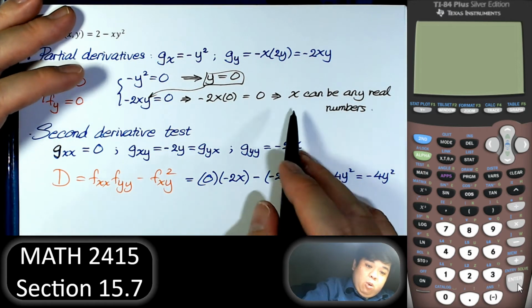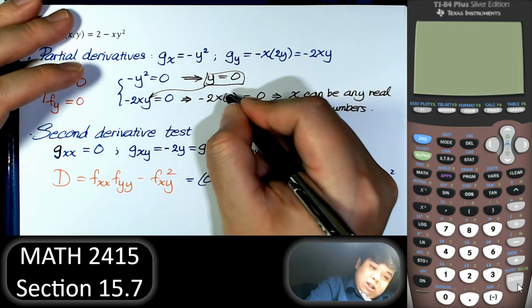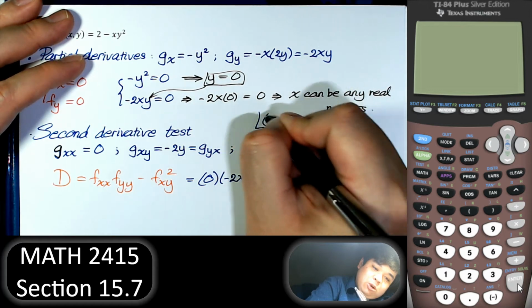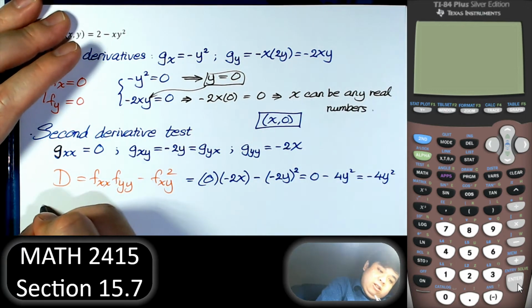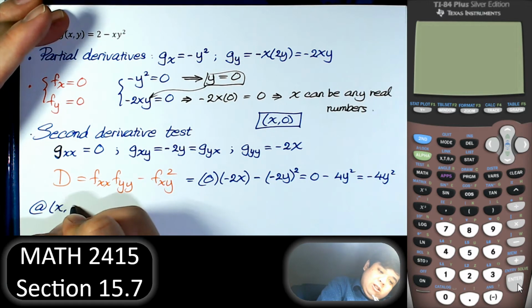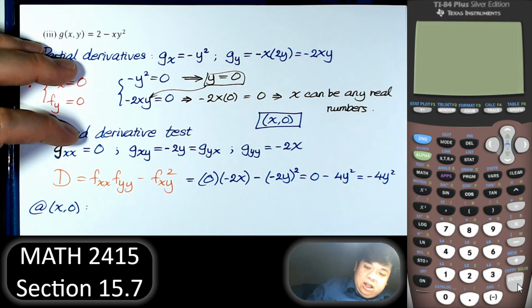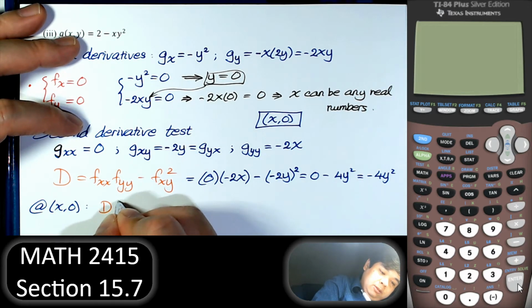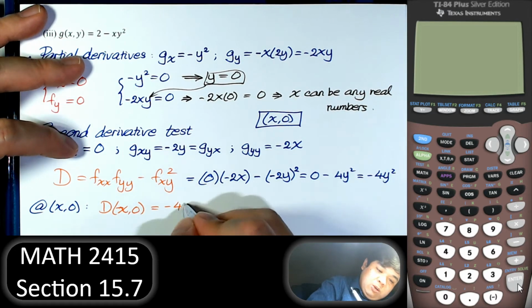Now we have the point. By the way, we haven't written the point yet. On the critical point, x can be anything but y is equal to 0. So those are the critical points, a bunch of them in that form. At that point, the discriminant equals negative 4 times y squared, with y equal to 0.